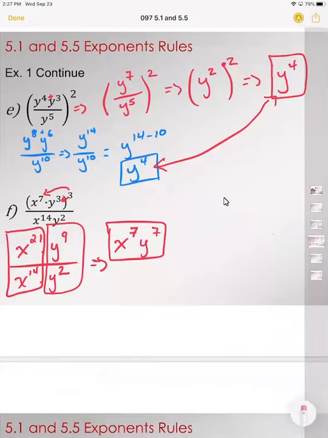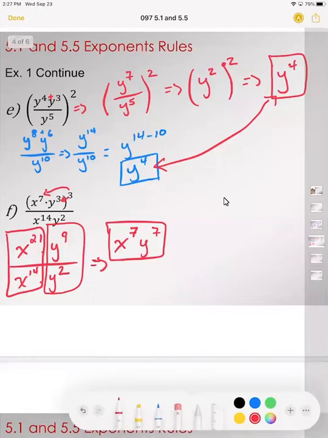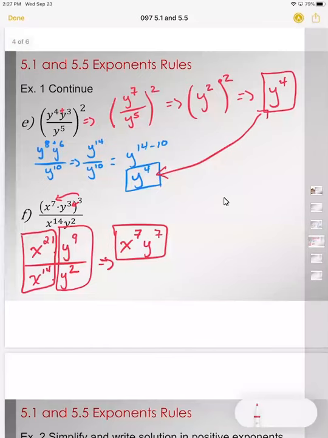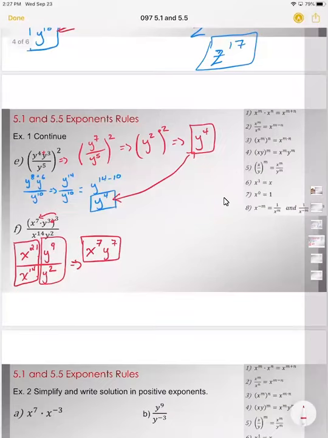Just know that if you have this item, the answer will be x to the 7, y to the 7. Don't worry about the x, y raised to the 7 power. Any question with this E or D? Pretty doable, right? Know your rule and apply your rule.